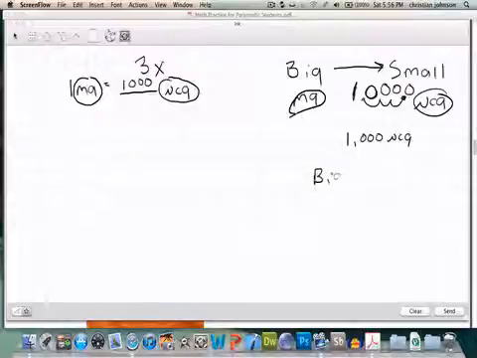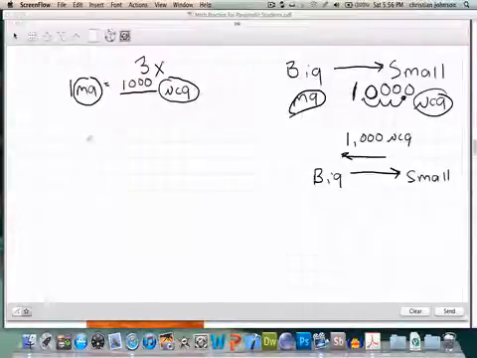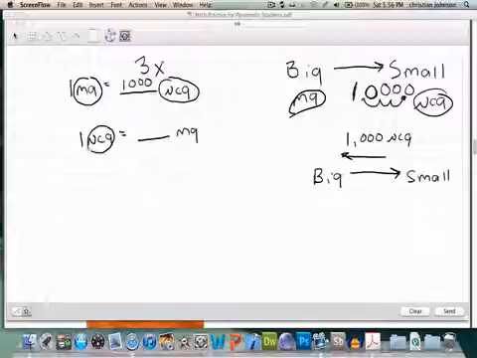Now, if I'm going the other way, again, I'm going to write big, small, and with another arrow this way here. All right. Now I get the question, 1 microgram equals how many milligrams? Well, now I'm going from a unit that's smaller, micrograms, to a unit that's bigger, milligrams.